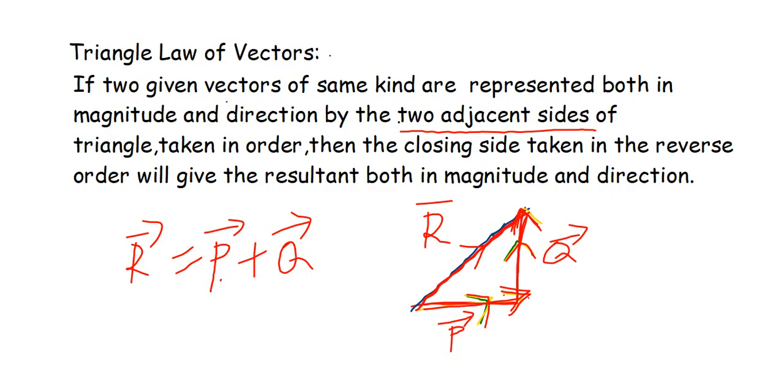So according to the triangle law of vectors, the resultant vector R bar is equal to P bar plus Q bar.